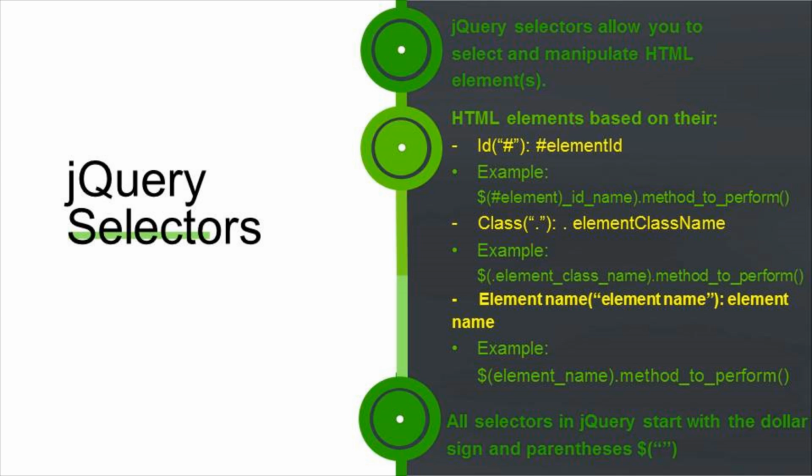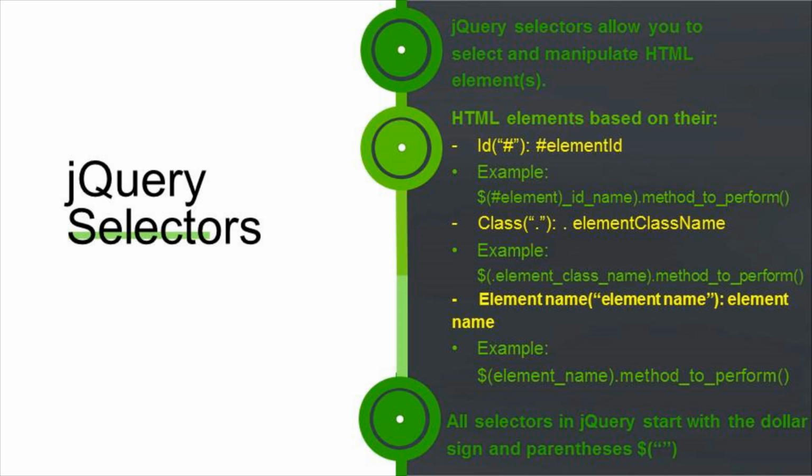So again, all selectors in jQuery start with the $, and then it's followed by the parentheses, and inside the parentheses there's going to be the double quotation marks. And inside the quotation marks, it's going to be the selector type followed by the name, as you can see in all of these as well.